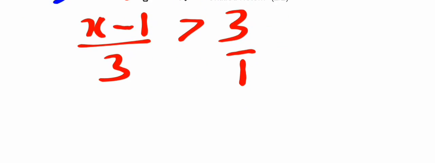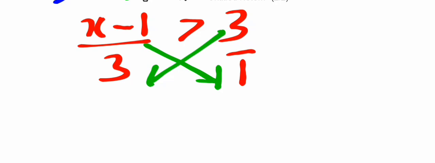Then we can easily solve this the same way we solve our simple equation, by cross multiplying here. When you cross multiply, this side, multiply the diagonal, multiply there, and here multiply here.